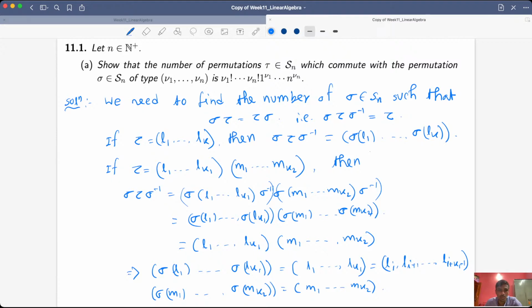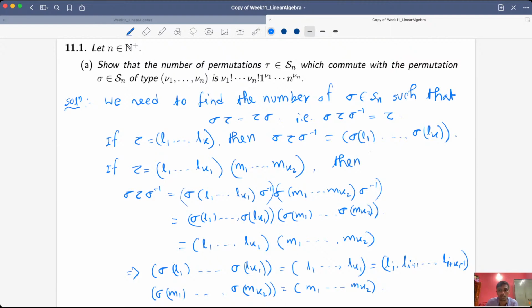So for sigma L1 I have K1 many choices. Similarly for sigma M1 I have K2 many choices, and for the remaining elements I can define anything that will do my job. So if my tau was given in this type, what is this type?